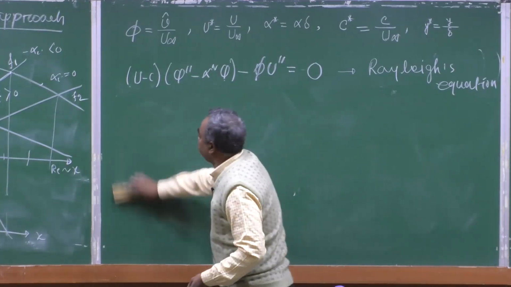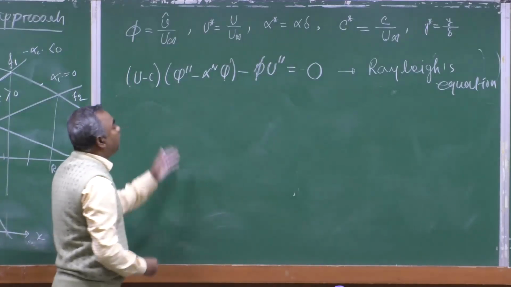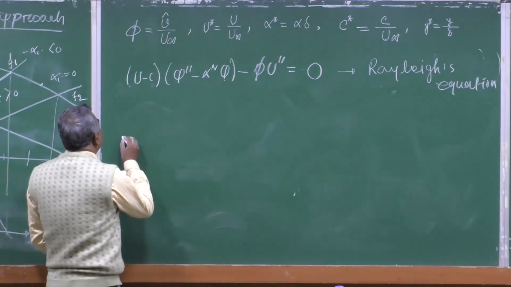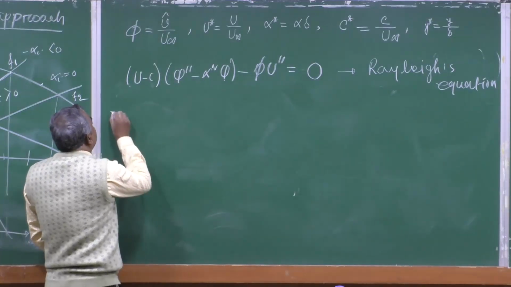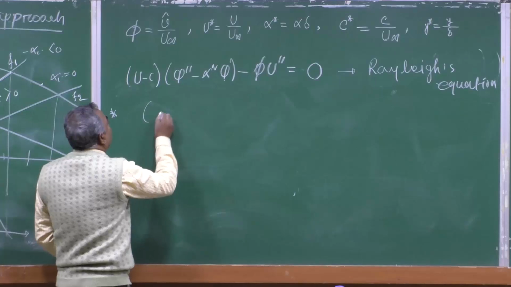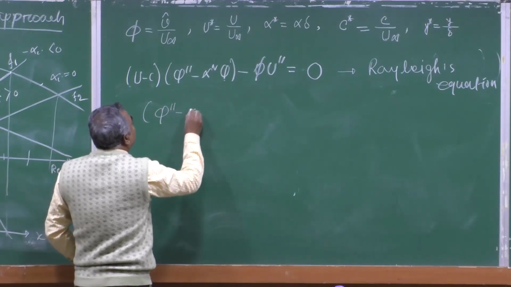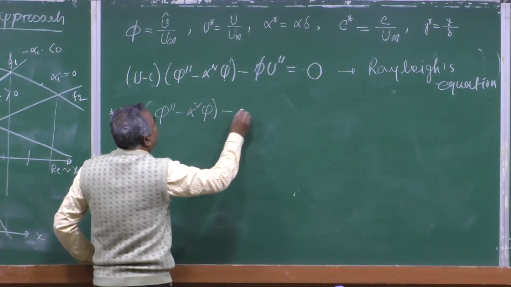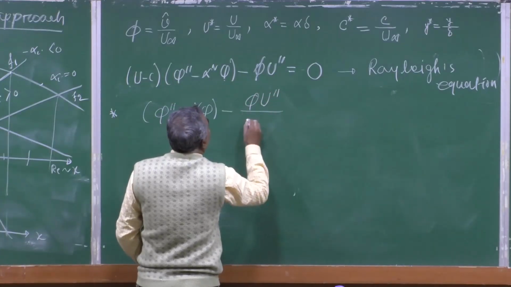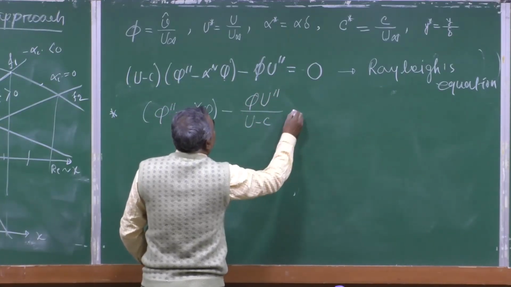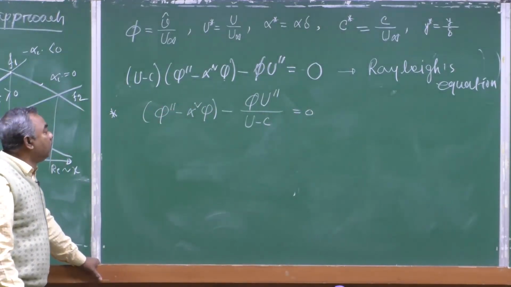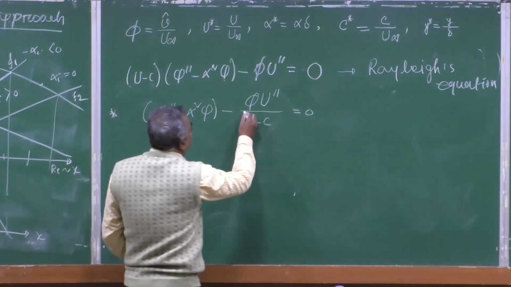What are those? See, what we can do from this equation is a little bit of manipulation. So, this is our inviscid equation, right. We can write this equation as this. We have just divided by this quantity here.